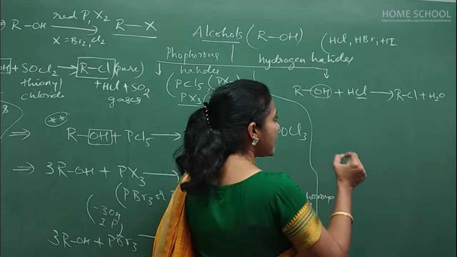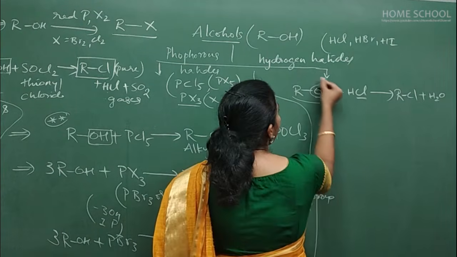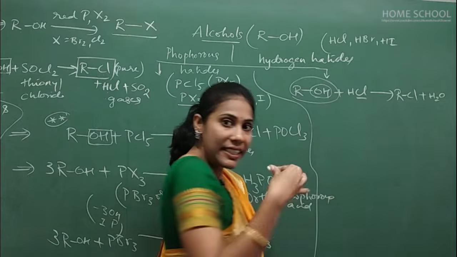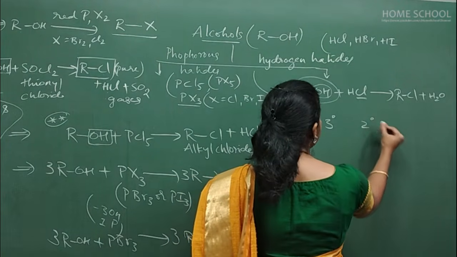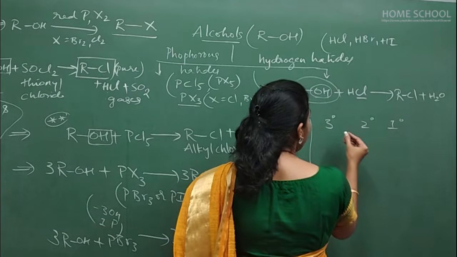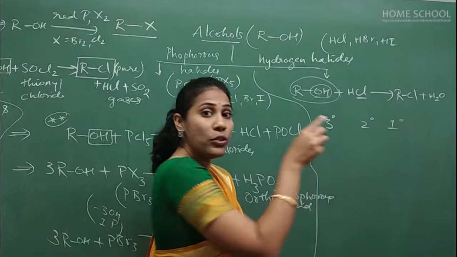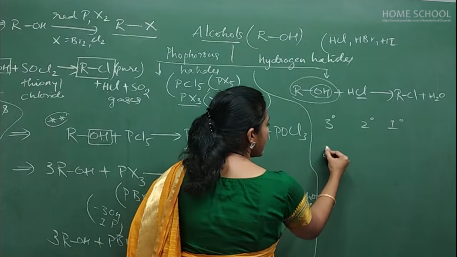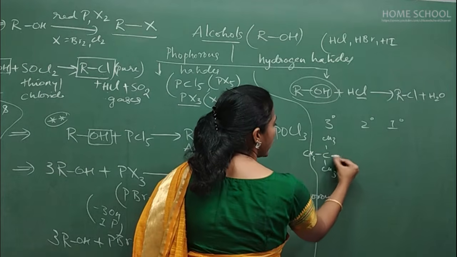But one interesting fact that you have to remember here is, alcohols are actually of three types. Tertiary alcohol is there, secondary alcohol is there, primary alcohol is there. Tertiary alcohol in the sense OH gets attached to a tertiary carbon. Say suppose (CH3)3C-OH.